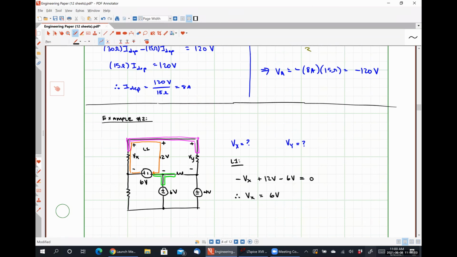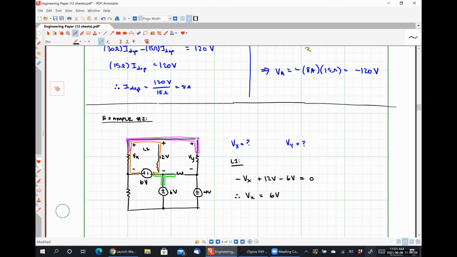The math isn't the hard part to understand here. What most students seem to not understand is why I can do this bit right here, right? And the reason is because I'm applying Kirchhoff's voltage law.